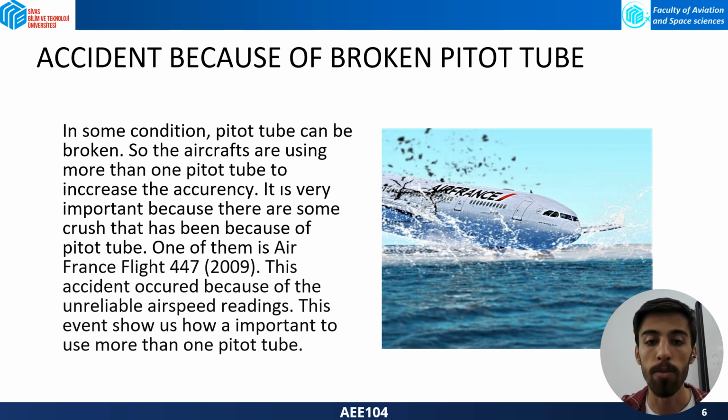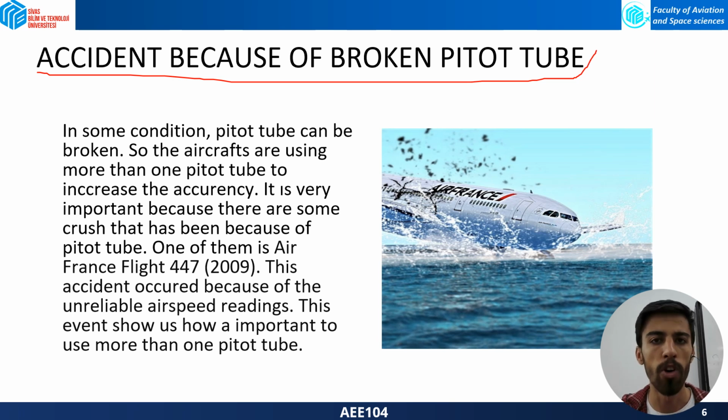It's very logical to have more than one pitot tube because sometimes your pitot tube can be blocked for some reason, and it can measure airspeed falsely, and this can lead to a very big accident. In some conditions, a pitot tube can be broken or blocked. So aircraft use more than one pitot tube to increase the accuracy.